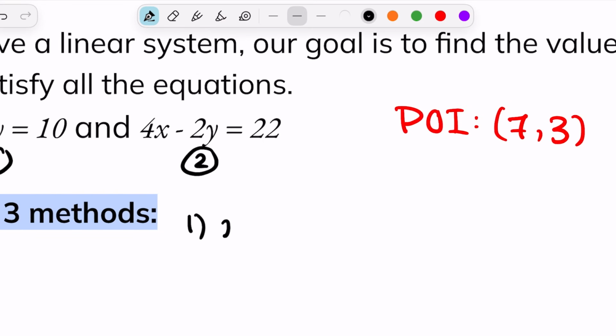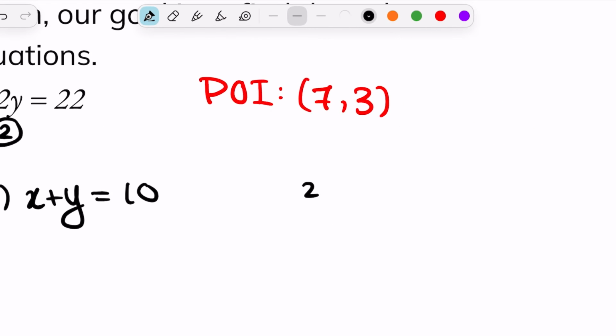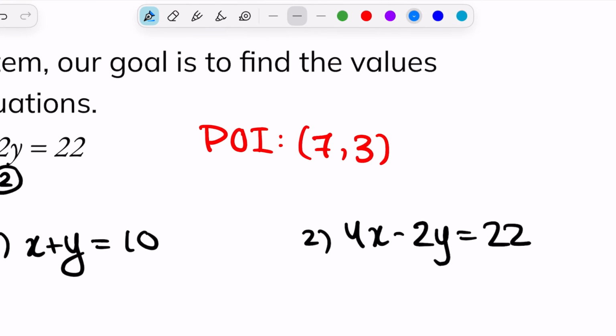Line 1 is x plus y equals 10, and line 2 is 4x minus 2y equals 22. Another thing you see here is this is our x and this is our y. So x is 7 and y is 3, from the point right here.